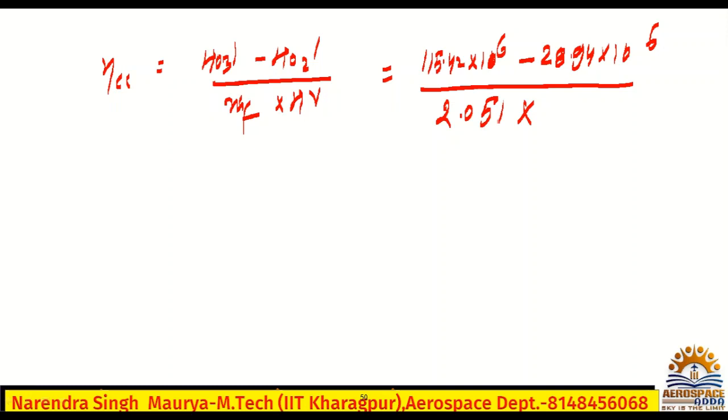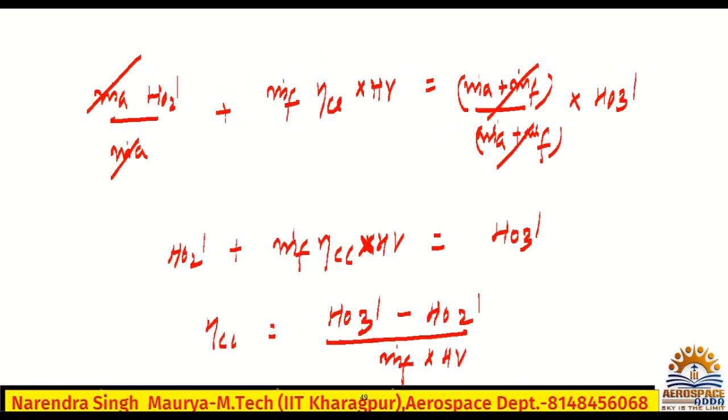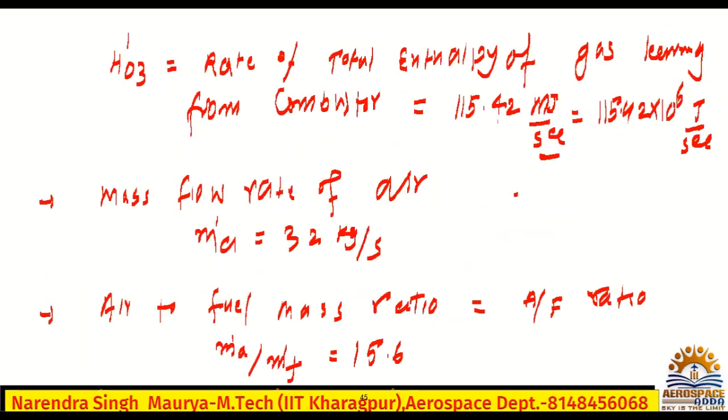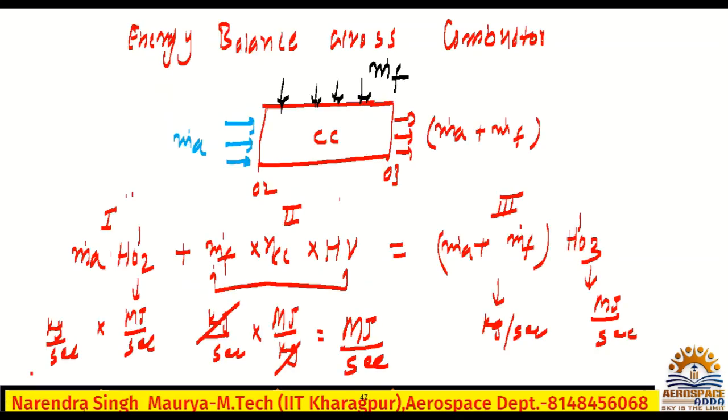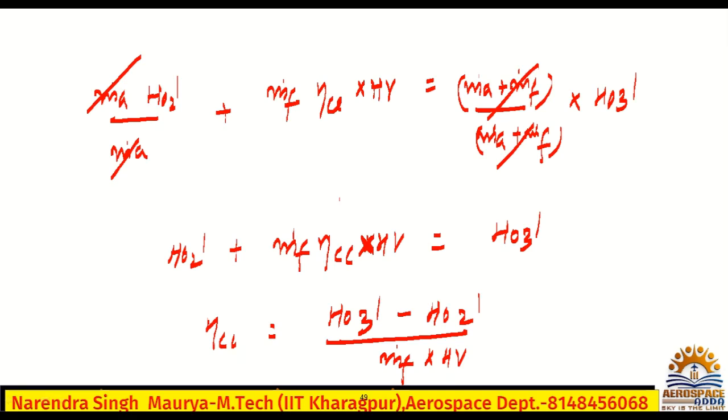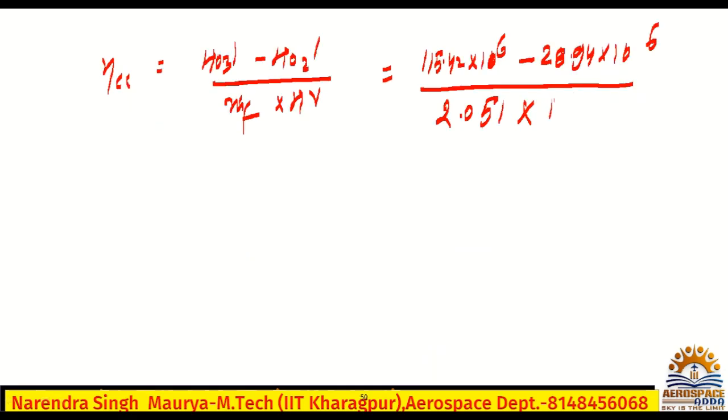HV is heat value or calorific value, the meaning is the same, which is nothing but 46 megajoule per kg, as given here. Now, because the unit is balanced, there is no need to change it. Same thing, you write 46 into 10 to power 6. You calculate this value.